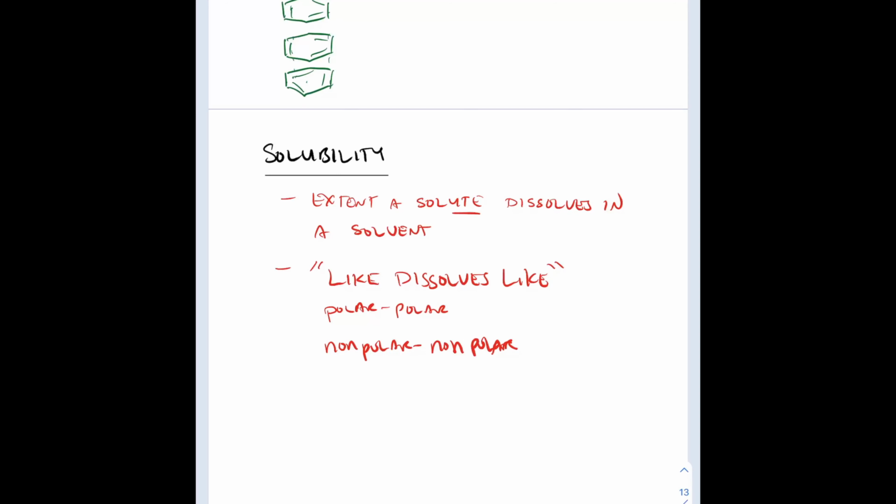Some things can interact with a little bit of both, but generally just remember like dissolves like. So water and oil don't interact with one another, or they're not miscible, but water does dissolve with ethanol because it's got that polar group. They look very similar. And let's just say hexane, for example, will dissolve in octane, and octane is like a gasoline, right?